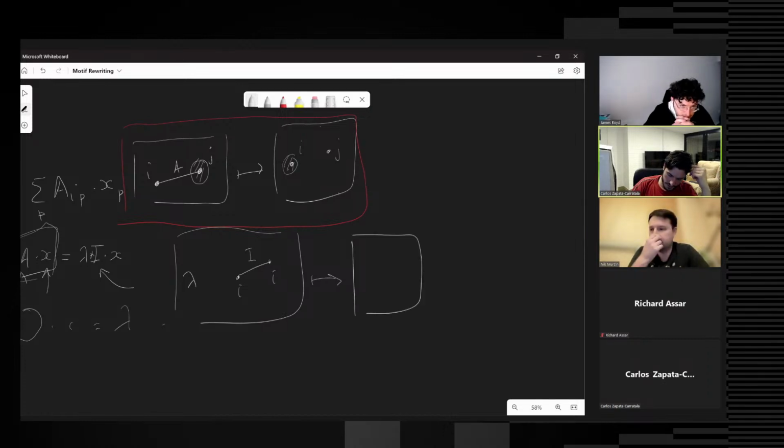So what you end up with is lambda I between I's. It completely preserves the structure. I could have put anything; I put I because it's what we have in the formula, but that's the rewrite rule.